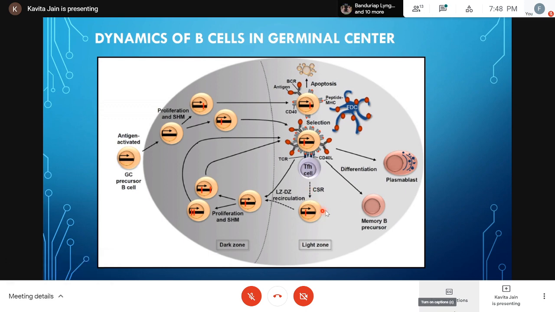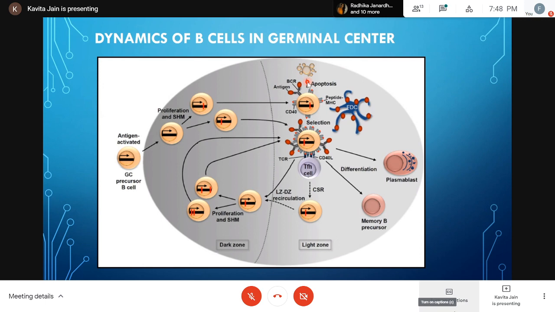This is called antibody diversification. The other pathway is that they can recirculate, acquire more mutations, and come back, and this cycle can go on. Finally, B cells which have low affinity receptors, or which have just finished their function, undergo apoptosis.